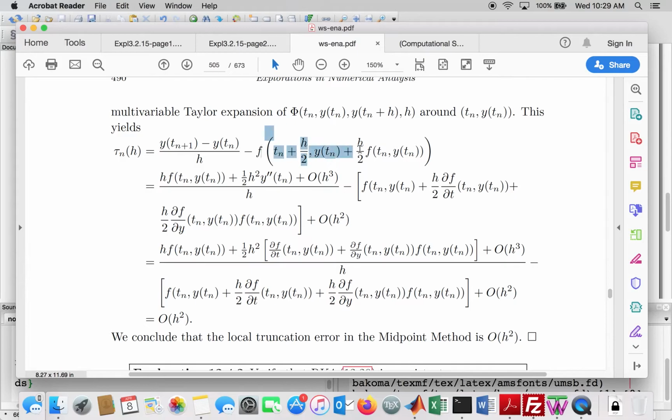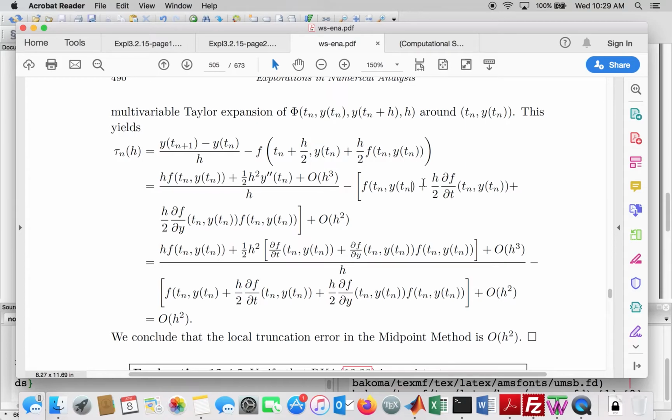Then for the f part, we also do a Taylor expansion, but this is a multivariable Taylor expansion because we have a function of two variables, t and y. First, we're expanding around t_n and y(t_n). That gives me this term, f. And there's a typo here. There should be another closing parenthesis, so I'll have to make a note of that.